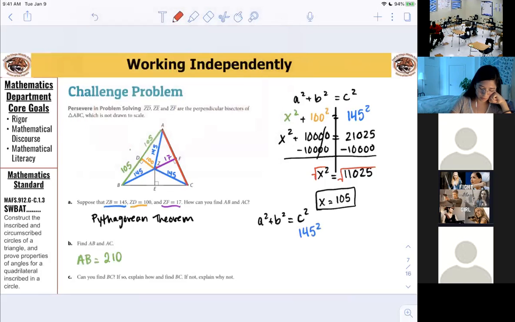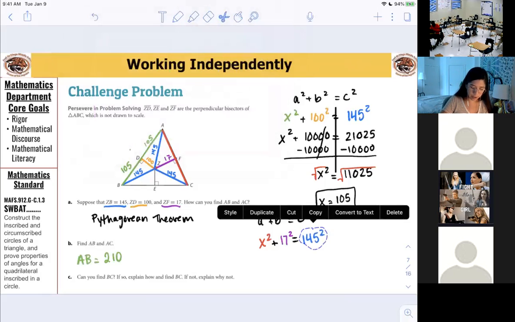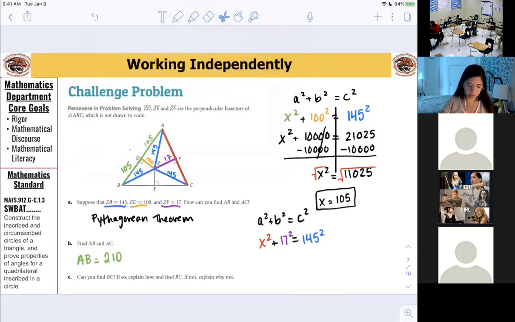Good. So x squared plus 17 squared equals 145 squared. If you didn't get the correct answer the first time around, see if you can get it this time. Figure out the value of x.